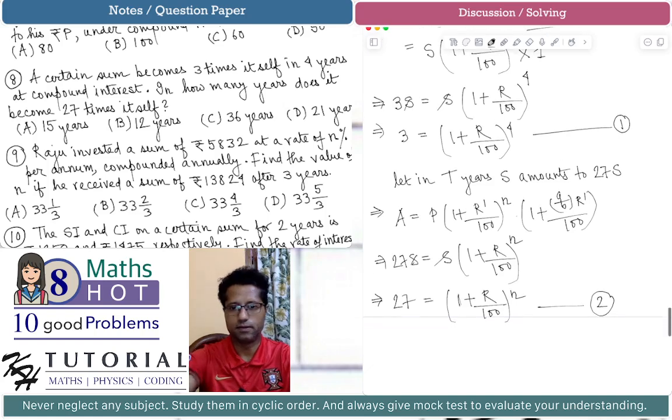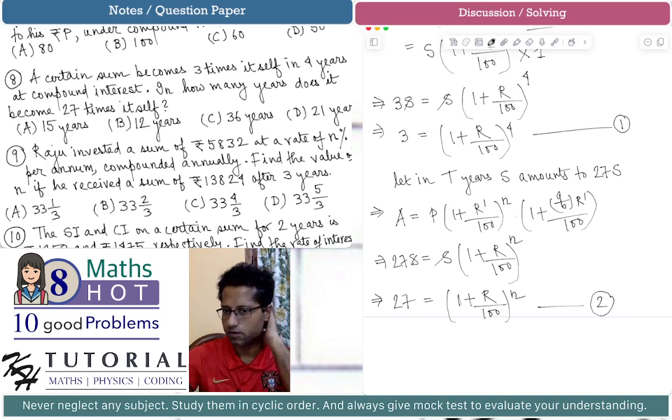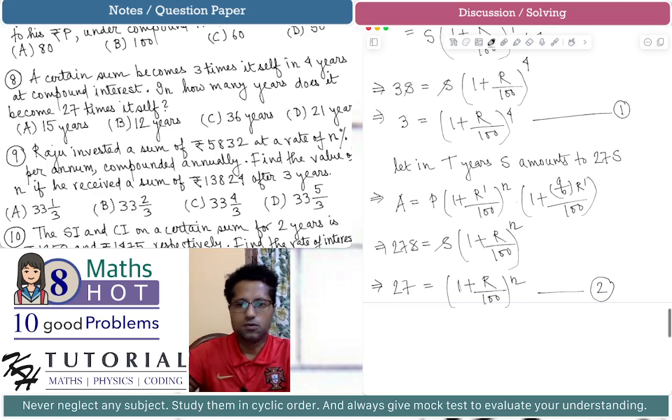How can we do that? As you can see, the right hand side of both the equations is an exponential term. In equation 1, we have the power 4 and the base is the same, that is 1 + r/100. And in equation 2, the right hand side, the power is n and the base is the same, that is 1 + r/100. So to solve this kind of equation, you always divide 1 by 2.